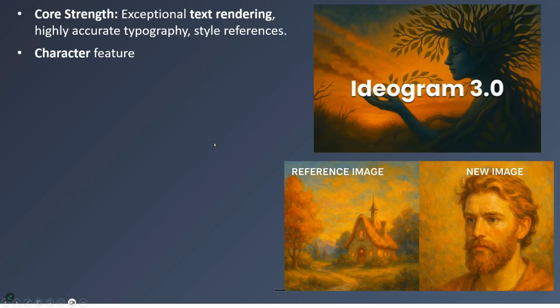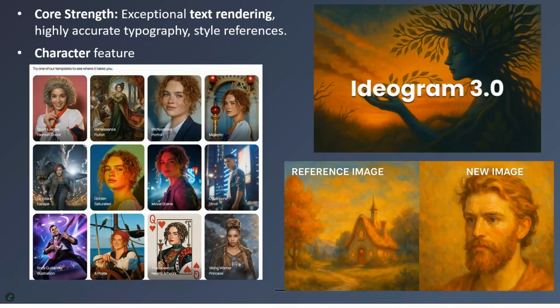It also has a feature which I demonstrated last week or the week before called the character feature. What that is, you can upload a single image of yourself and then place that image in all sorts of different environments. They've got a bunch of templates that you can see here, but you can put yourself in your own environments.